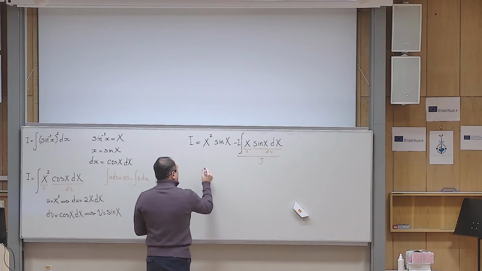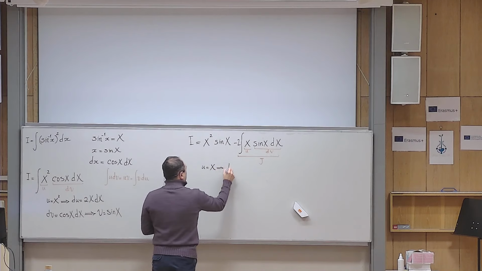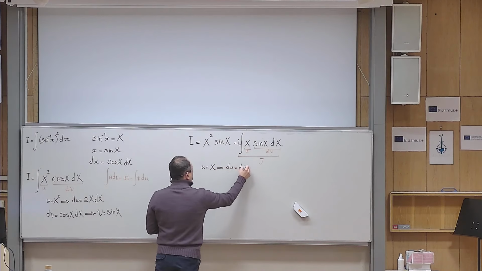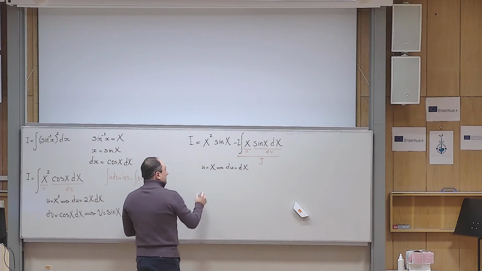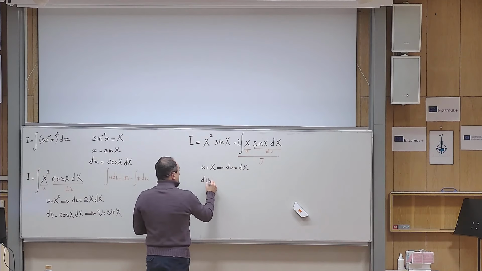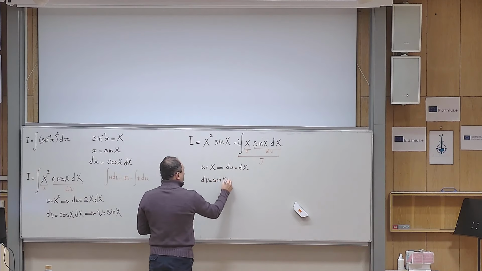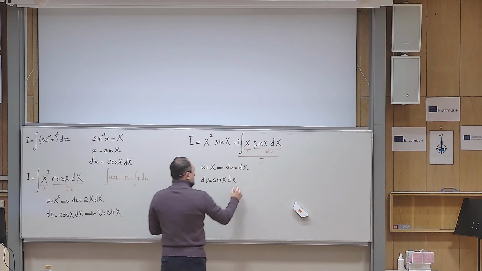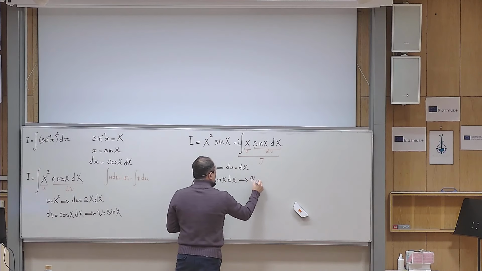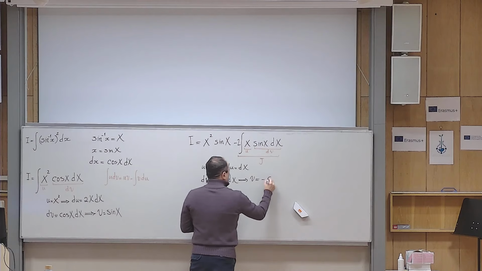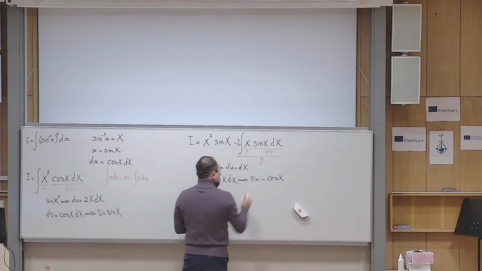So u is X, so du is dX. Then dv is sine X dX, which means that v is a primitive function of sine, which is minus cosine X.